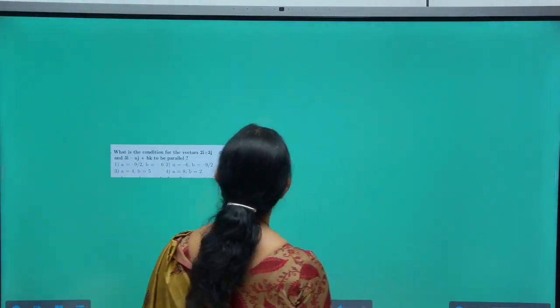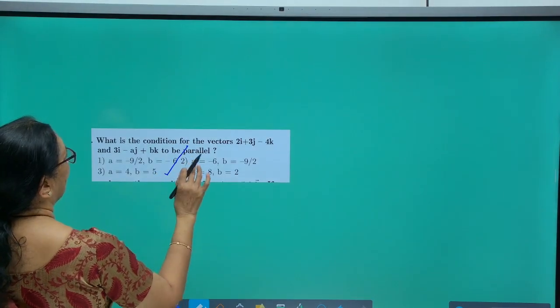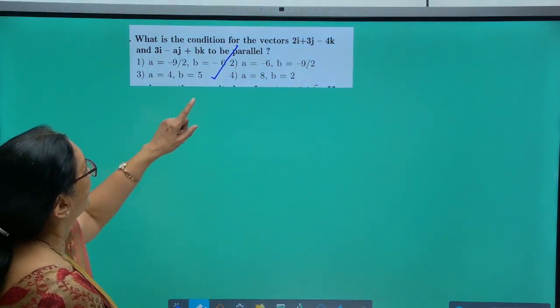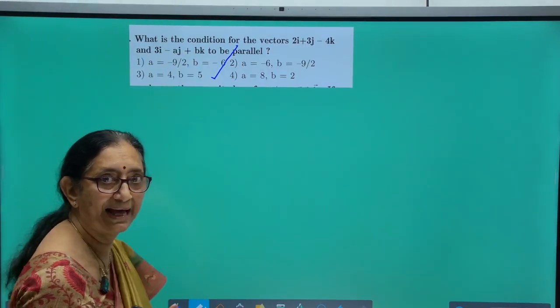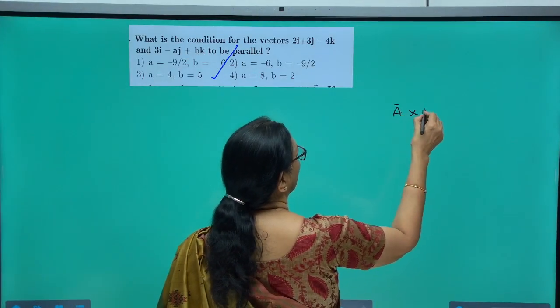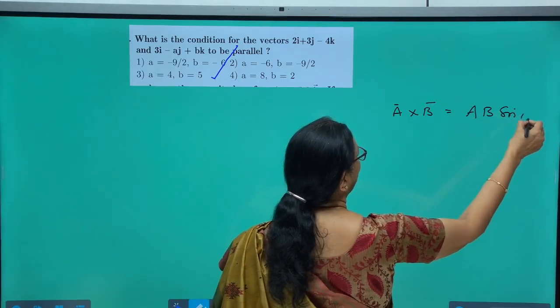Now, let us see the next problem. See here, what is the condition for the vectors 2i plus 3j minus 4k and this to be parallel? See here, actually A bar cross B bar magnitude is AB sin theta.